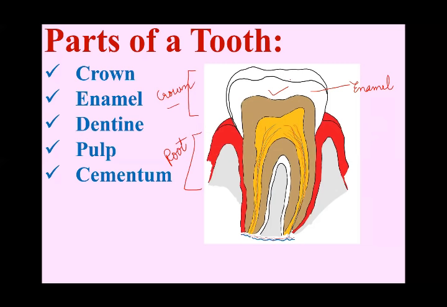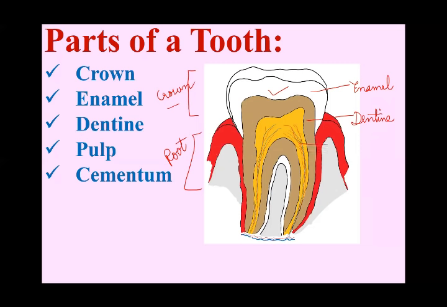The next part is dentine. Dentine is also hard, but not as hard as the enamel. Enamel is harder than the dentine. The function of dentine is to protect the innermost part of the tooth, and that is the pulp.